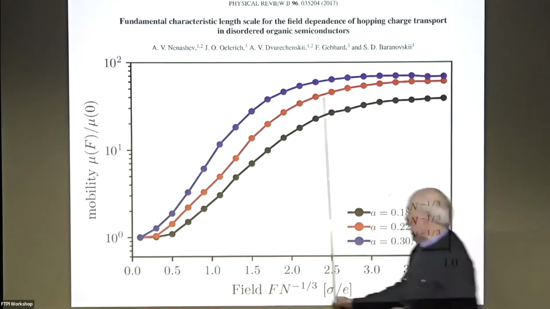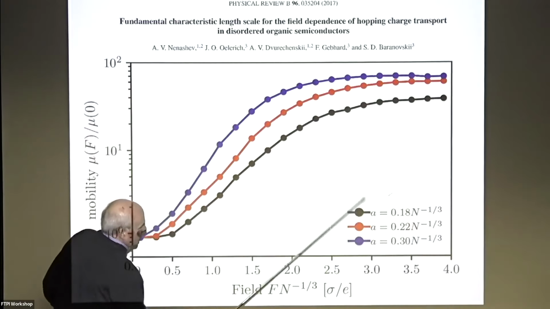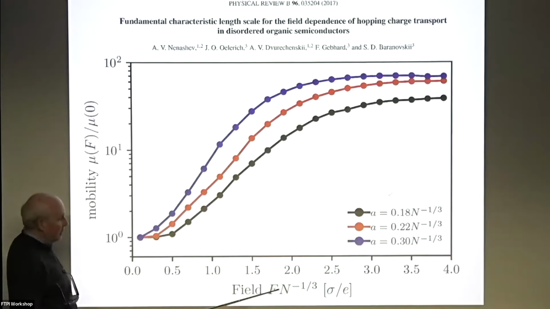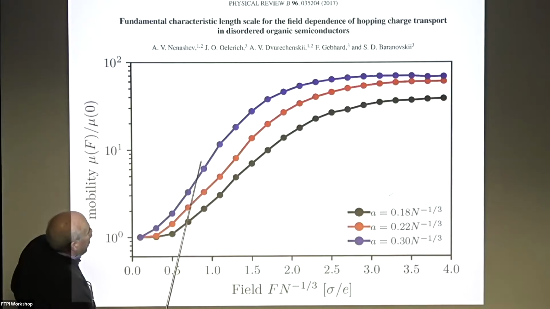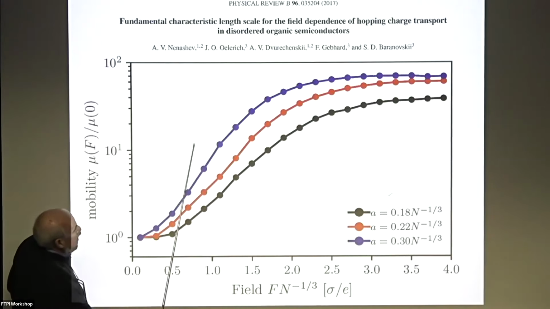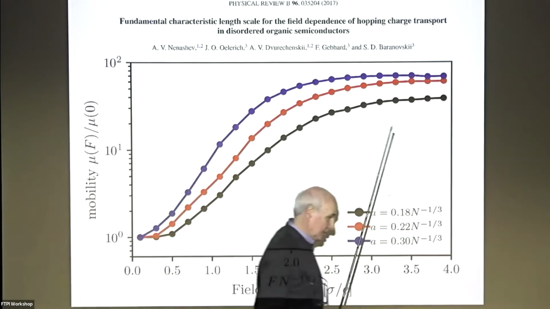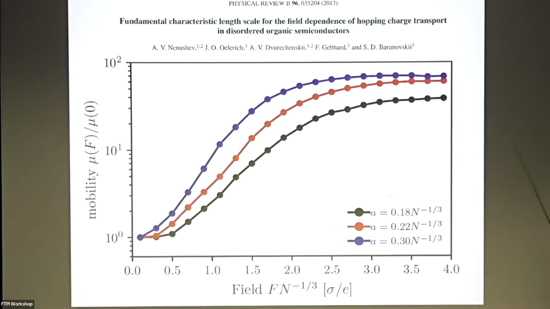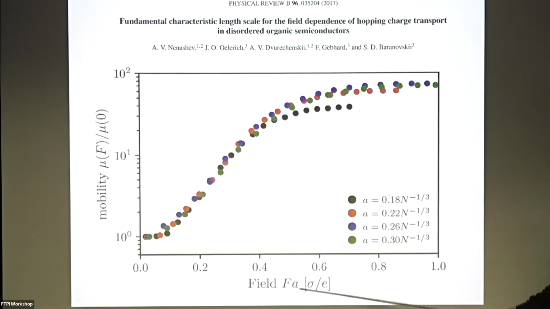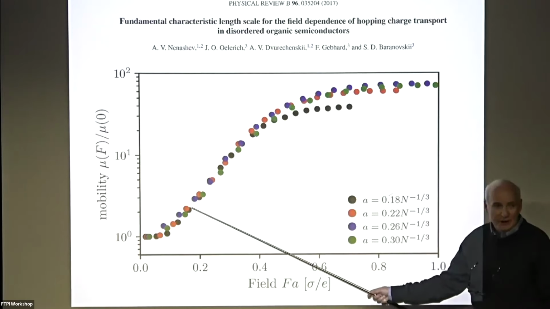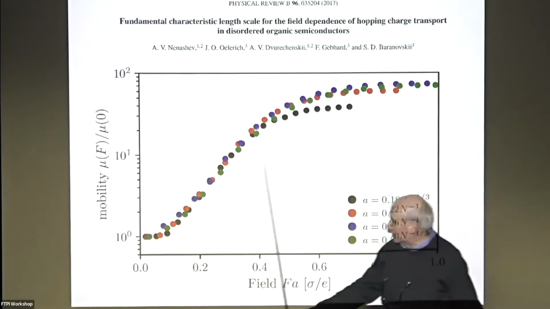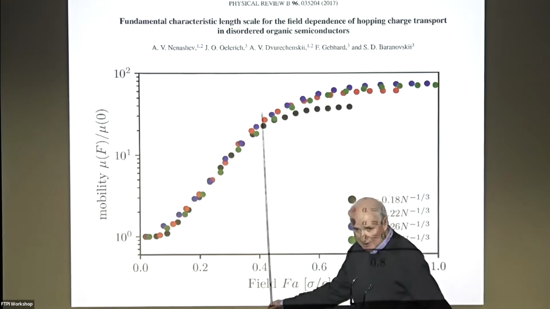So if you make a cross-section, you fix here some intersite distance, some concentration, and you go along this data, you see the localization length does play a role. But then we replotted this simulated data, replacing this n by the localization length. They fall on the universal curve. An experimentally interesting range is from here to here.